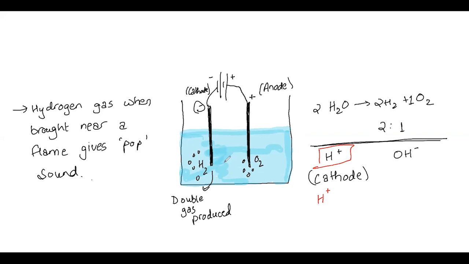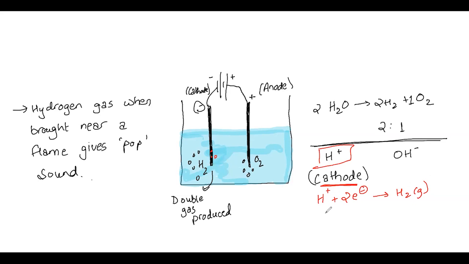Water is a conductor of electricity, so our circuit is completed and electrons are present in this rod. There is flow of electricity only when there is flow of electrons. So the hydrogen ion combines with electrons to give out hydrogen gas at the cathode.